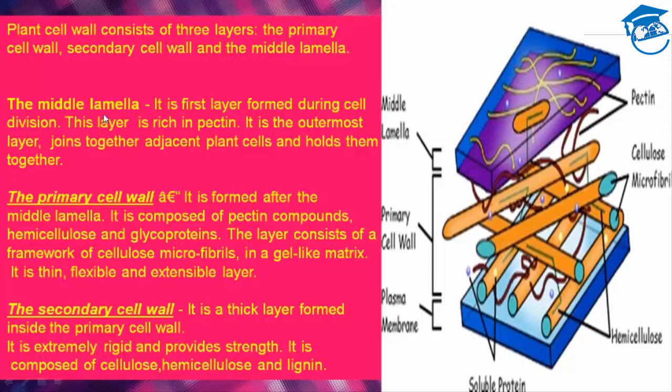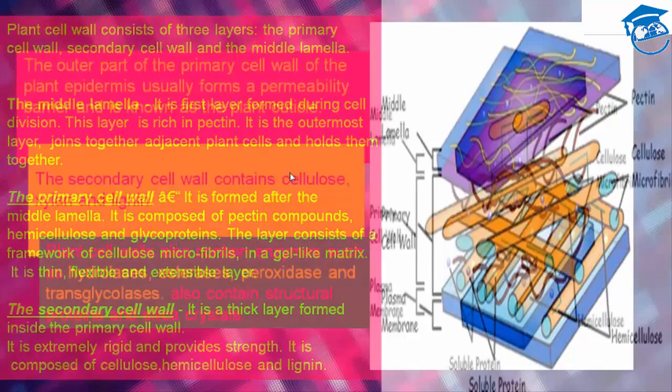Then the middle lamella is a layer which mainly consists of calcium pectate, which holds or glues the neighboring cells together. Because this is the outermost layer, it glues the two cells together. So this was about the three layers of the plant cell wall: primary cell wall, secondary cell wall and middle lamella.